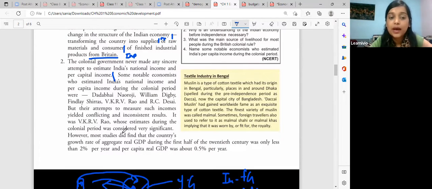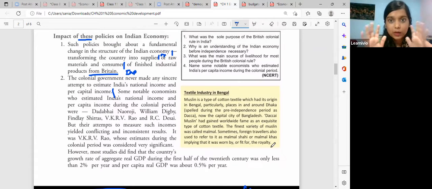Then you are going to write: most studies find that the country's growth rate of aggregate real GDP during the first half of the 20th century was less than 2%. Can you imagine?